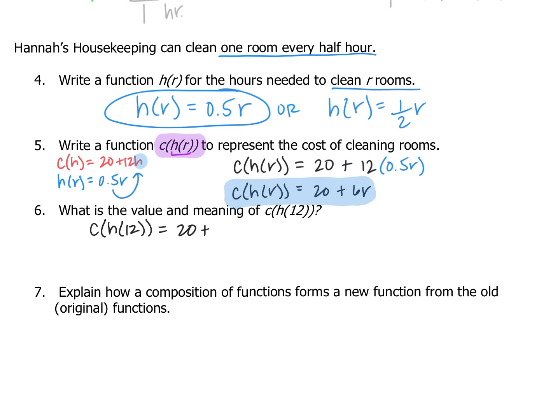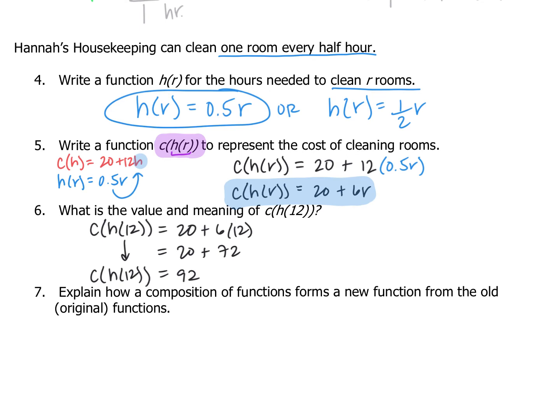So I have 20 plus 6 times 12. I can do 20 plus, well, 6 times 12 is 72. So I get 92. So remember, you want to bring down whatever that output label is. So I have C of H of 12 equals 92.